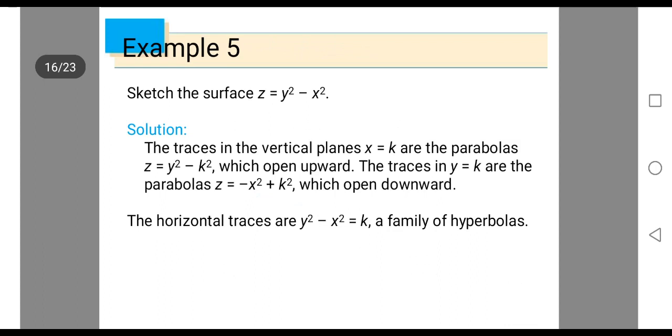Okay, now we move to example 5. In example 5, it says sketch the surface z equal to y squared minus x squared. Now you can see this equation is a bit different than the previous two examples, because here we have a minus in our equation.